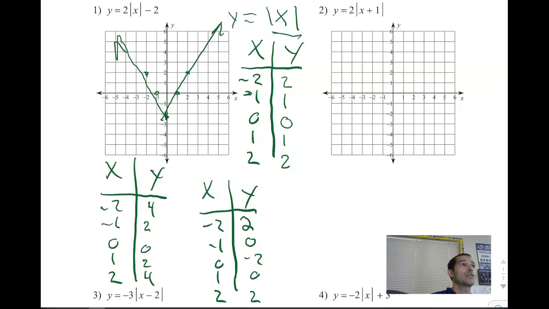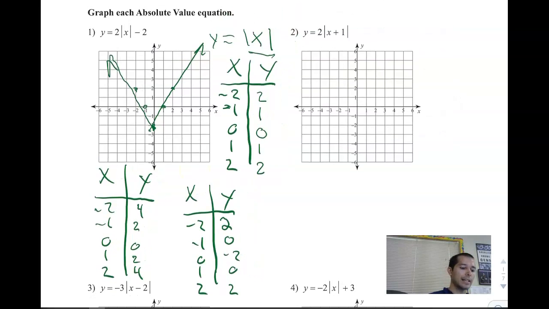The 2 in the front of the absolute value of x right here doubles all the Y values. So I literally just doubled all the Y values right here. And then after that, the -2 at the end subtracts 2 from all the Y values. And then if I just plot all those points, I clearly see that I have a V move down 2, okay?